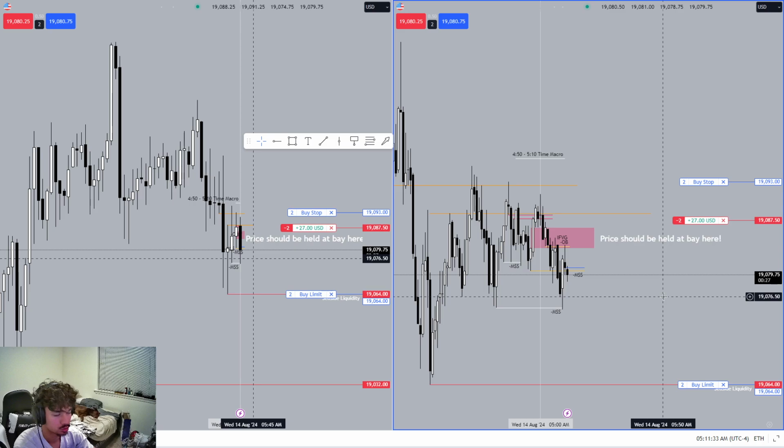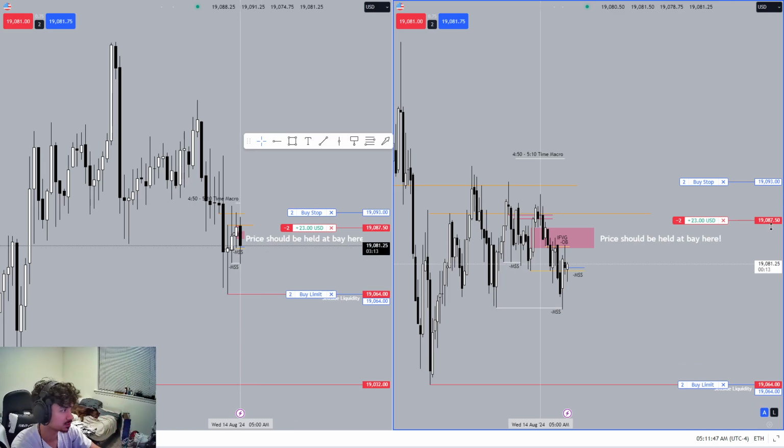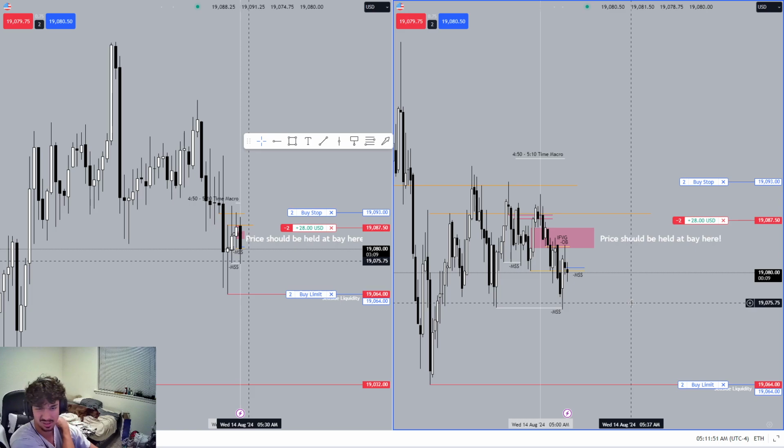So $24 at risk to gain a little over 80. I think it's closer to like 90. Could be wrong. Let's do the math. All right, let's just say 80, because 84 to 64, but plus the 3.5 handles, which is 6. So yeah, 90 just about.